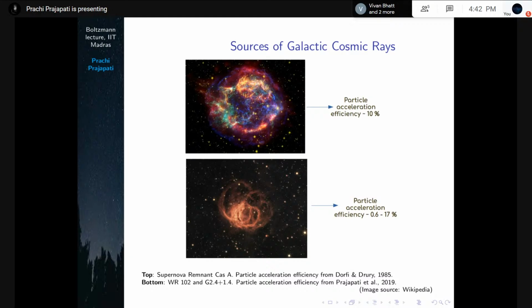So this study confirms that isolated massive stars are also one of the sources generating galactic cosmic rays, and the full picture is now completed.